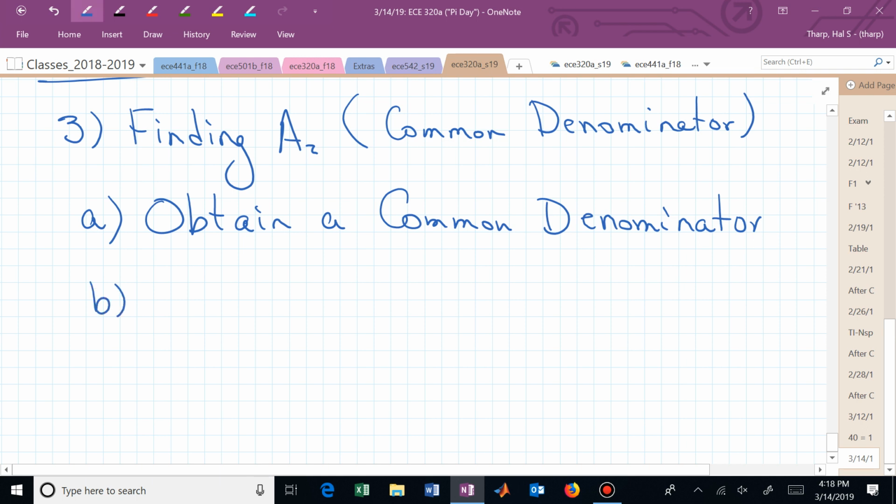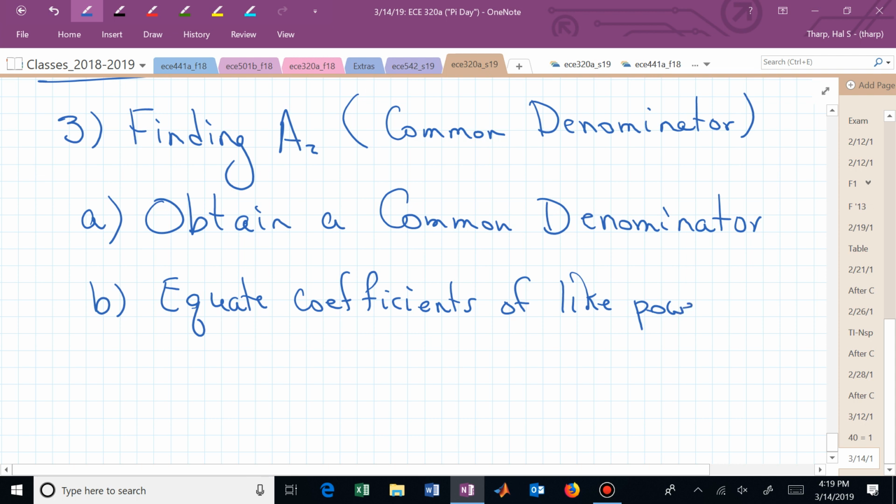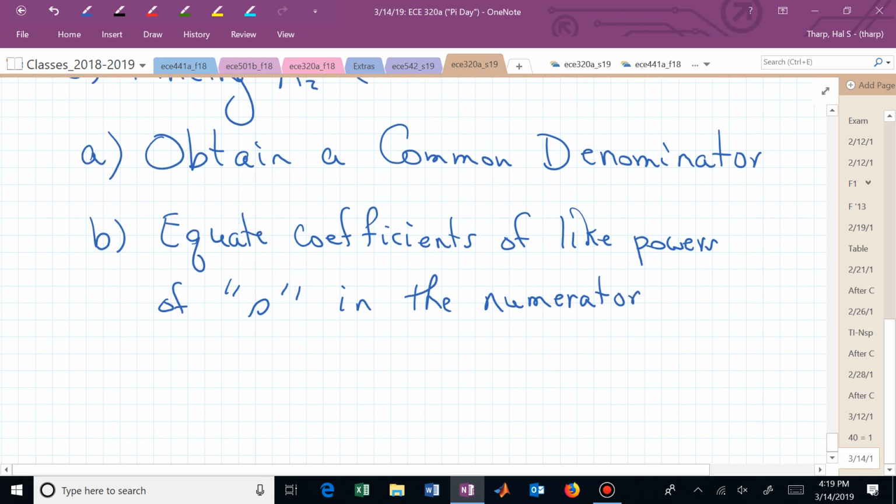Then what we do is we equate coefficients of like powers of s in the numerator. We're going to have a numerator on the left of the equality sign and a numerator on the right, and we just compare the coefficients on the left side and the right side.